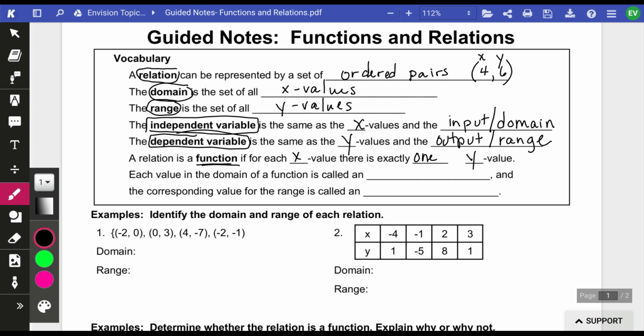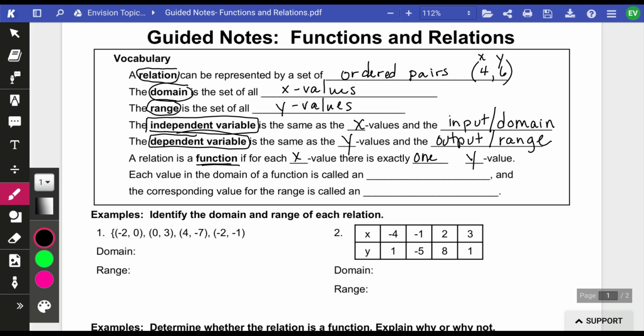A function is a kind of relation. A relation is when you take one thing and you pair it up with something else, and you've got a whole bunch of those ordered pairs together. A function is specifically if for each x value there is only one y value. We'll get into more of that later.